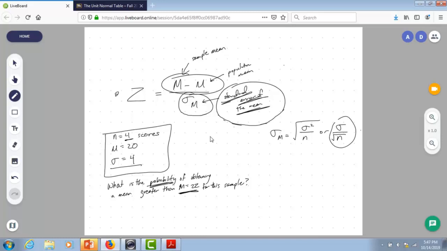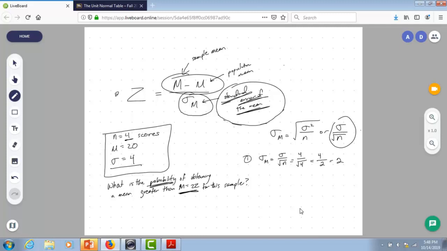So let's go ahead and do that. We have 4 in the numerator, and in the denominator we have the square root of the sample size 4. You take the square root of 4, we end up with 2. 4 is on top, and 4 divided by 2 gives us 2.